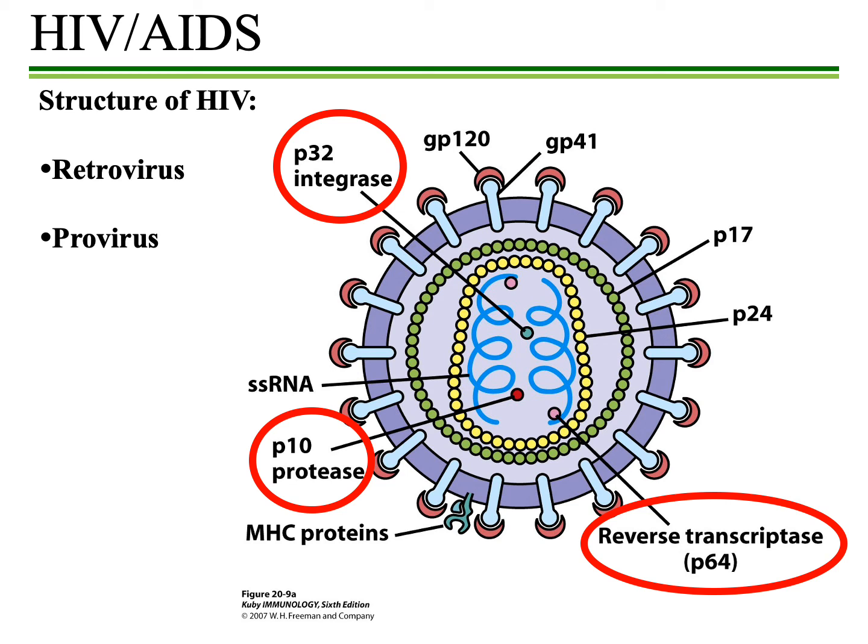There is a protease that is important for processing of viral proteins. And reverse transcriptase, like I mentioned at the beginning of this slide, is an enzyme that's required to copy the RNA-based genome into DNA so that integration can occur into the host as well.